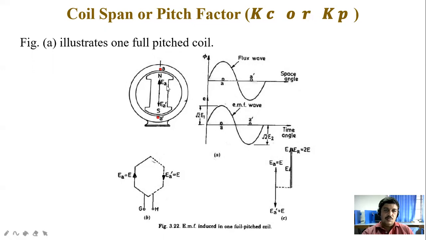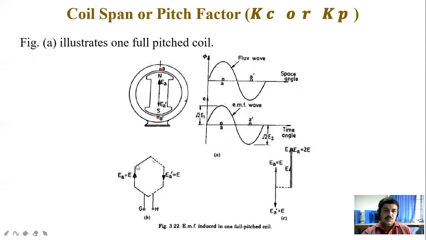Whatever EMFs are induced in coil sides A and A dash, these are maximum as the coil is a full pitch coil. Let us consider the EMF induced in coil side A is EA, whereas the EMF induced in coil side A dash is EA dash, and both EMFs are maximum. So let us consider EA equal to EA dash, equal to E.